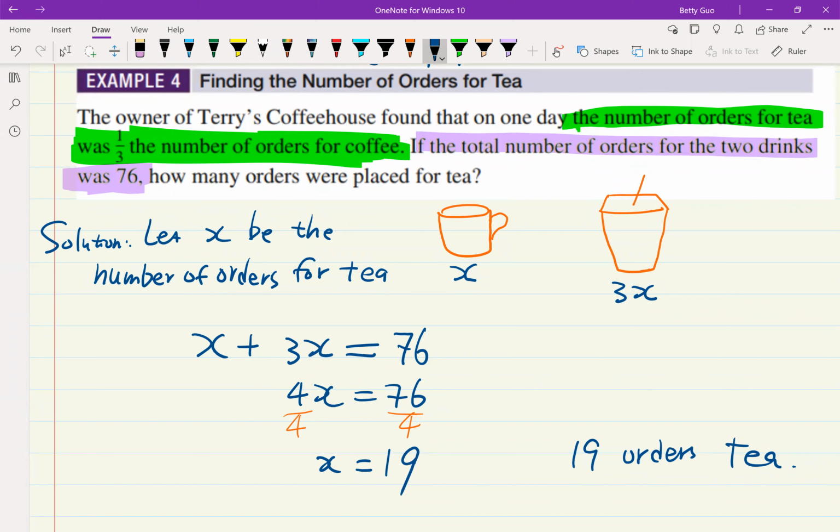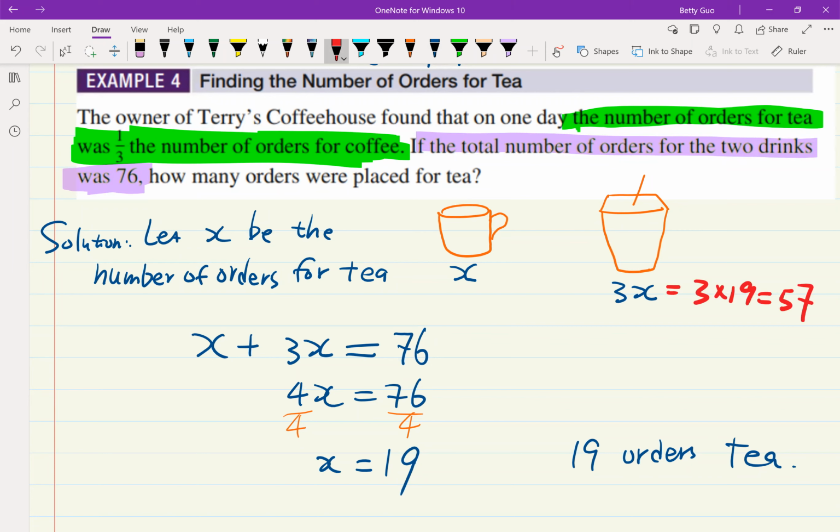It doesn't hurt to always check your result, right? So let's bring the answer back into the original problem to see if the result satisfies all the conditions in the problem. If we have 19 orders for tea, triple of 19. Anyone can tell me what is triple of 19? 3 times 19, what is 3 times 19? 57, right?